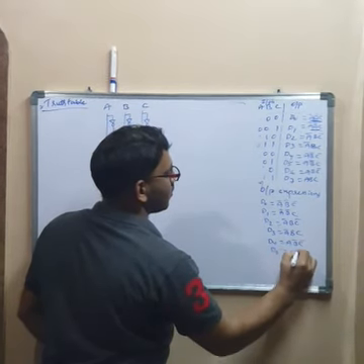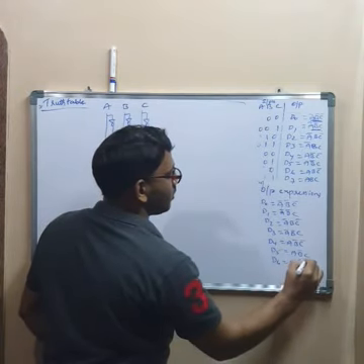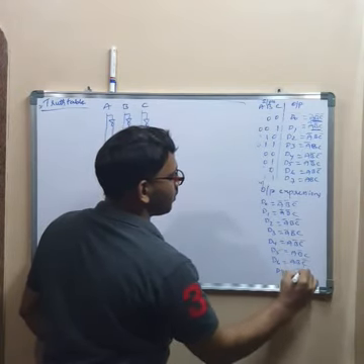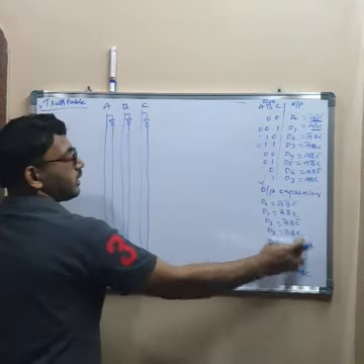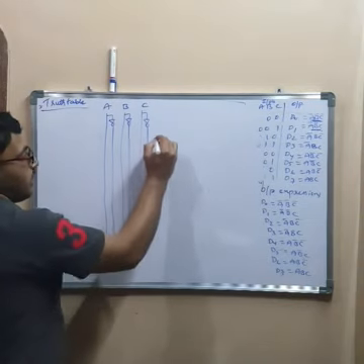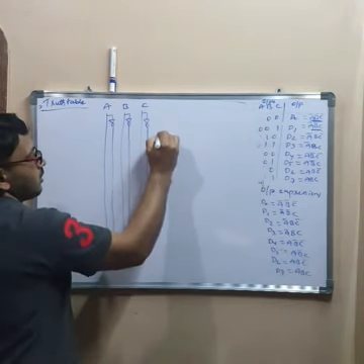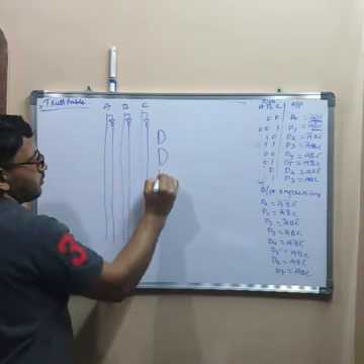D5 is equal to A B bar C. D6 is equal to A B C bar. D7 is equal to A B C. So there are 8 AND gates, right? All these are the minterms. So we require 8 AND gates. I am taking 8 AND gates.